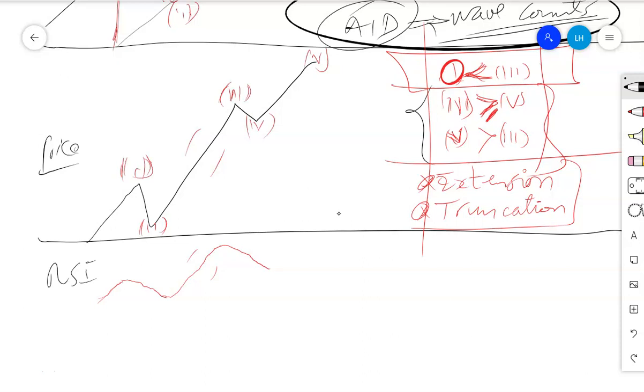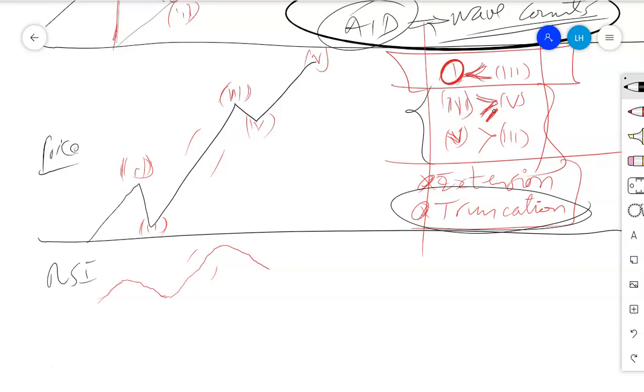So now, if the third wave has got greater volume or equal to the fifth wave, in most cases we expect truncation, and mainly this is when it has got an equal volume.